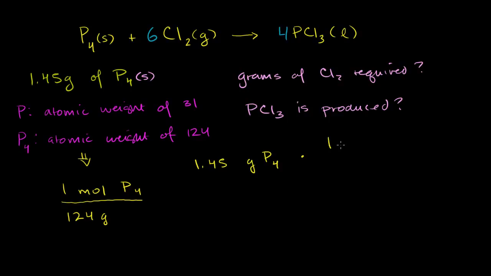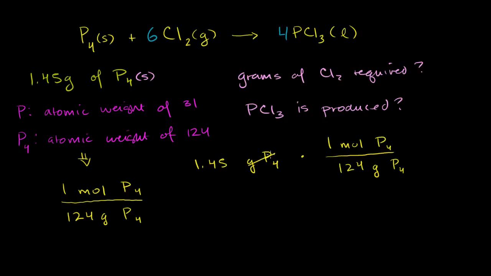We have 1 mole of molecular phosphorus for every 124 grams of molecular phosphorus. I should write this here just so we remember what we're talking about. And then this cancels out. So the units at least cancel out, the grams of phosphorus.